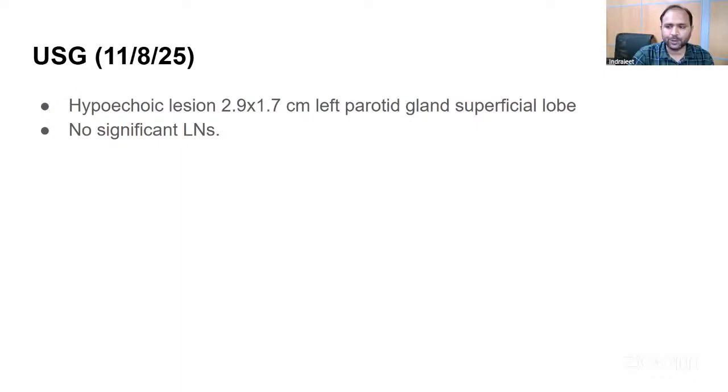Yes, sir, it is usually the initial investigation performed. This patient came to us with an ultrasound done from outside, sir. It can differentiate between a solid and cystic swelling. You can locate the tumor. It will guide you for FNAC. But regarding the facial nerve or deep lobe, I don't know.